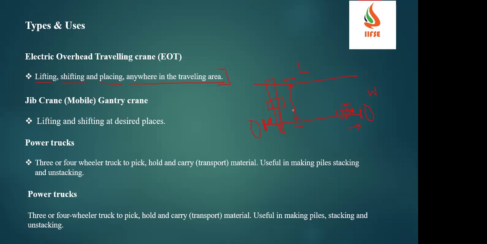Similarly for the cross travel, they have limit switches. Apart from this, EOT cranes will have overload and over winding sensors also. For example, this is a drum which has a wire rope, and one end will come here, one will be like this.